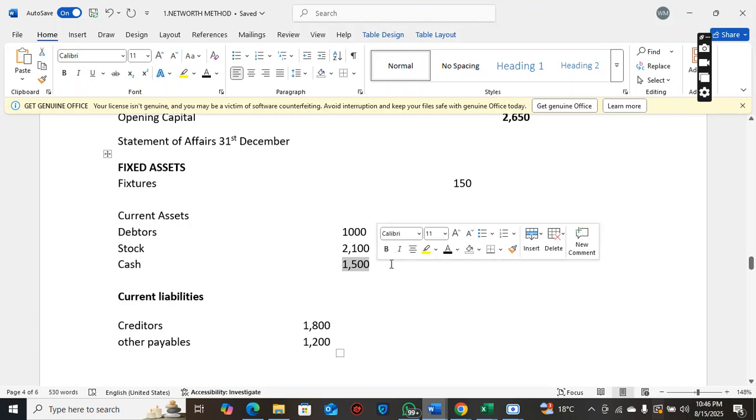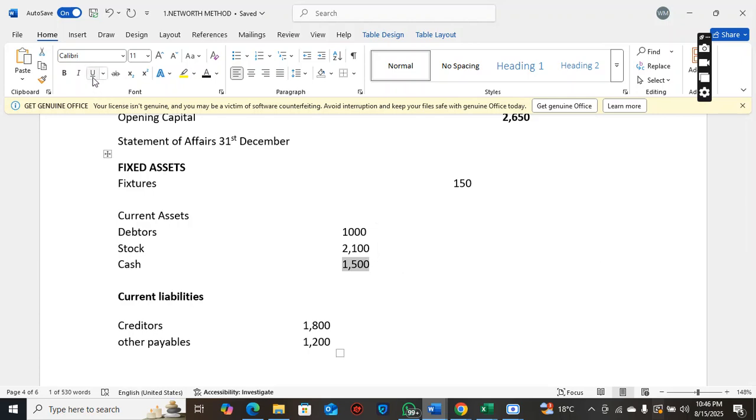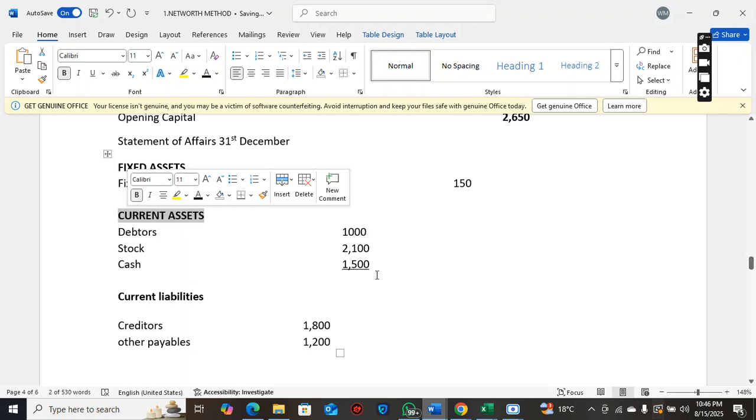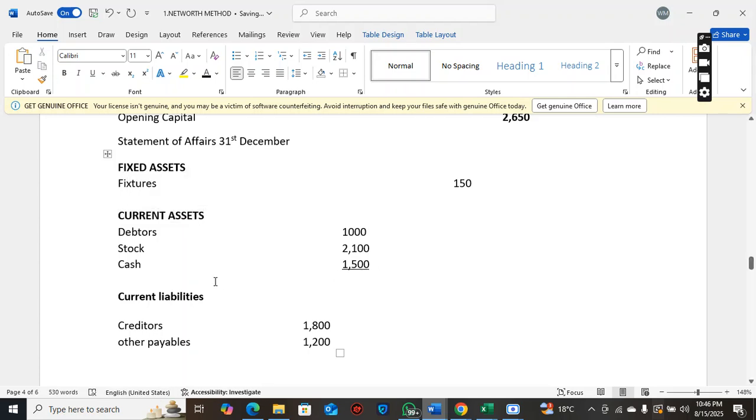We get our total current assets. So 1,000 plus 2,100 plus 1,500, we get 4,600.